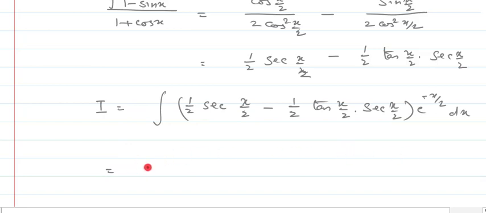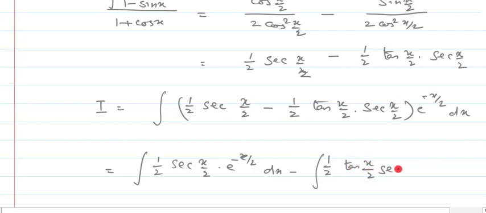So first of all, separating the two: the integration of 1 upon 2 sec x/2 into e power minus x/2 dx, and minus 1 by 2, let us take 1 by 2 inside the bracket for this step, tan x/2 into e power minus x/2 dx.